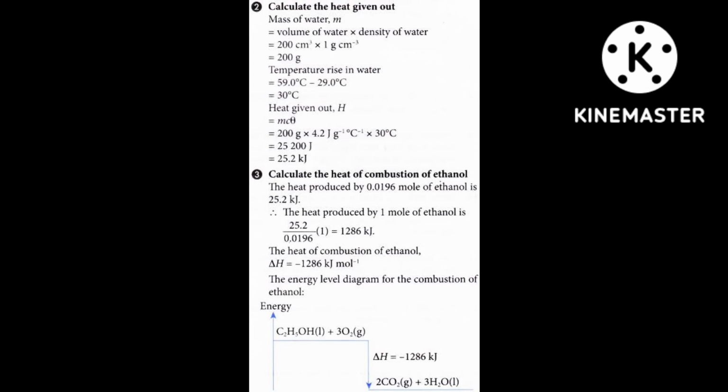Now only two equations you have to change, first these 2, for water and for CO2.